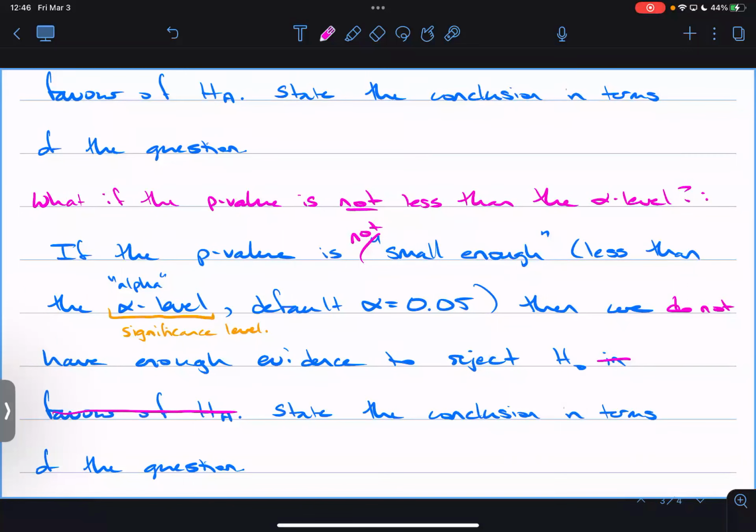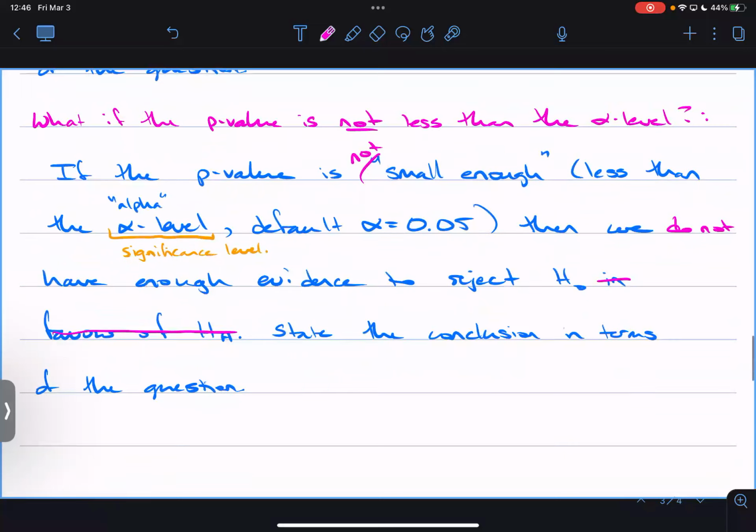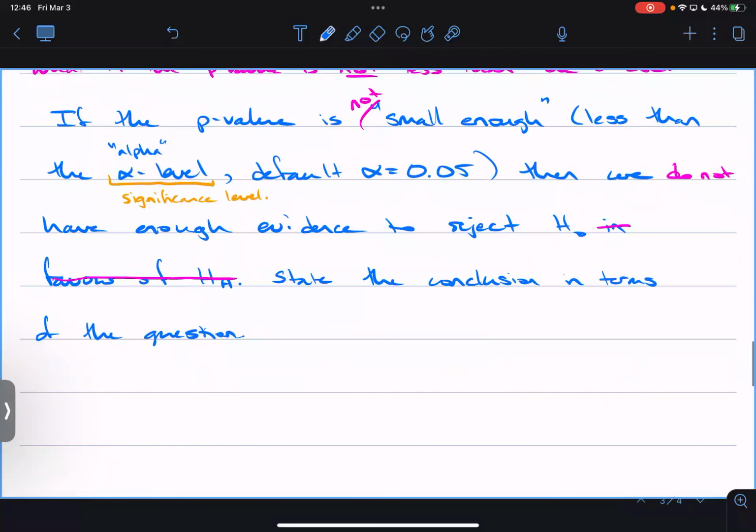Notice that your conclusion is always in terms of H naught. Why? Because we did all our testing assuming that H naught was true. And so I don't want to see any mentions of HA unless you're able to reject H naught, then you can bring it up.